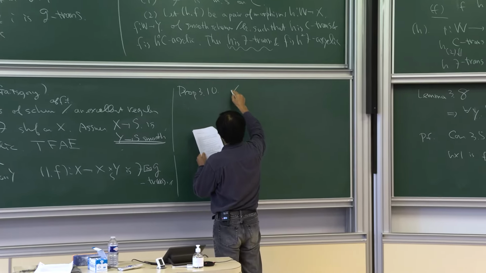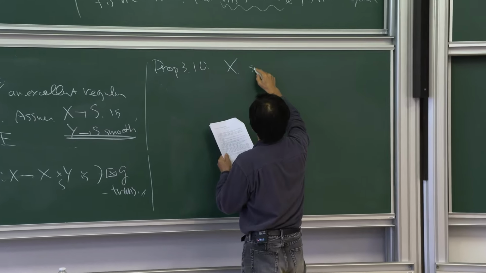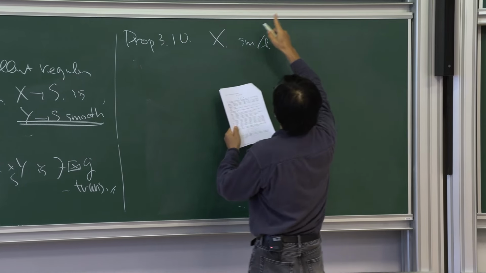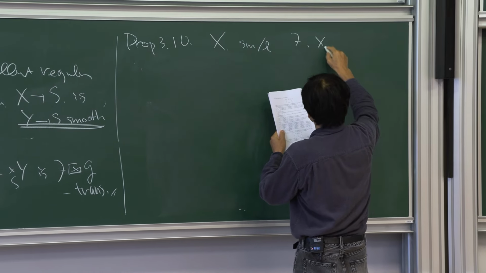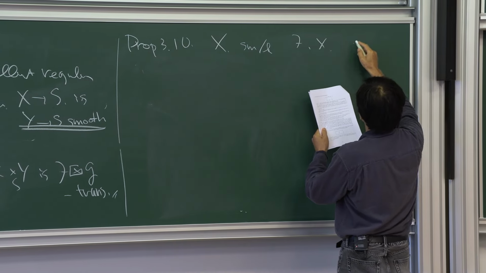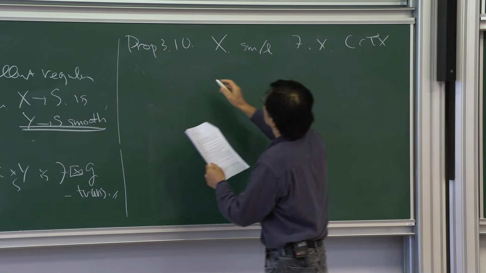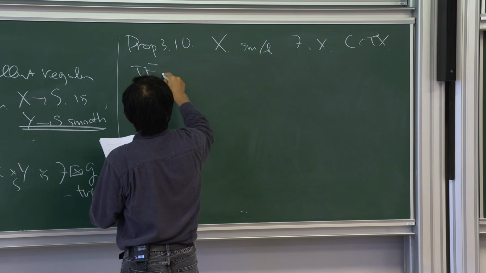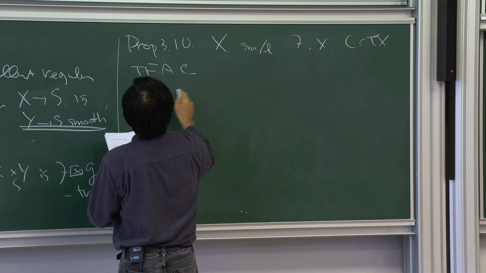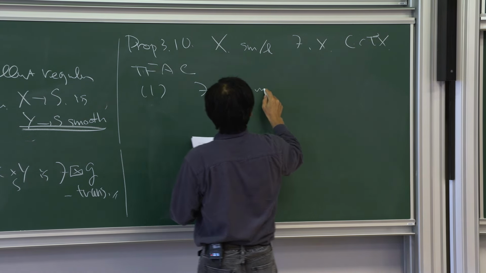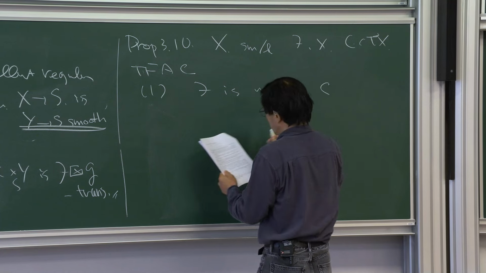So X smooth over K. The assumption is the same: F is on X and C is a closed conical subset. Then the following are equivalent. The first condition is the same: F is microsupported on C.